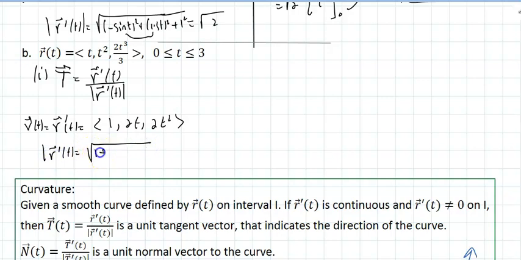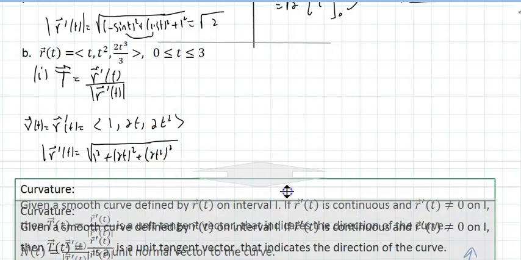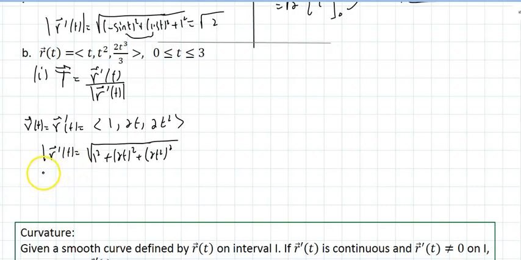square root of 1 squared plus 2t squared plus 2t squared squared. Oops, I'm doing things in my head I shouldn't. More space. I have plenty of space.